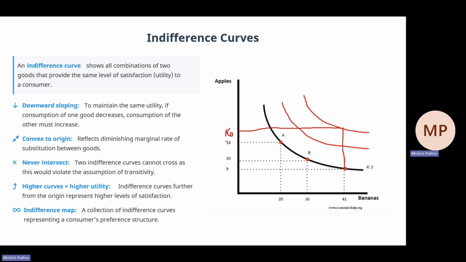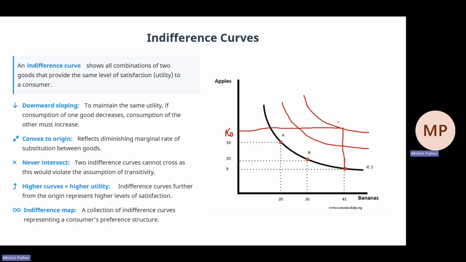You will obviously be deriving a higher level of satisfaction, one would assume. Okay, we do know that we have our law of diminishing marginal utility, but that is implied in this curve itself. So simply by increasing your indifference curve to the right, you are increasing your utility.